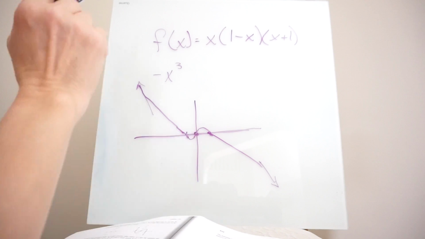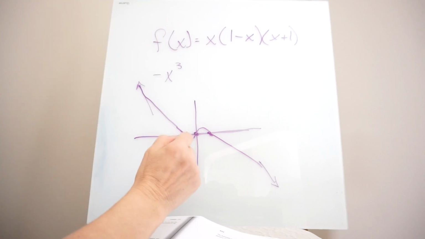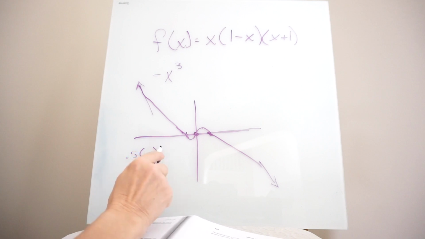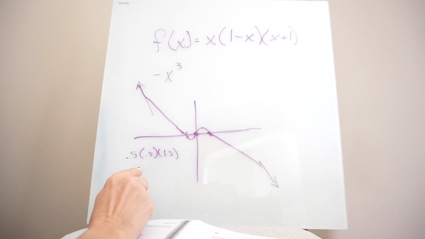So we might want to take a look at maybe 0.5. If we substituted 0.5 in there, we would have 0.5 times 1 minus 0.5, which is 0.5, and then 1 plus 0.5, which is 1.5. So 0.5 times 0.5 is 0.25, times 1.5.